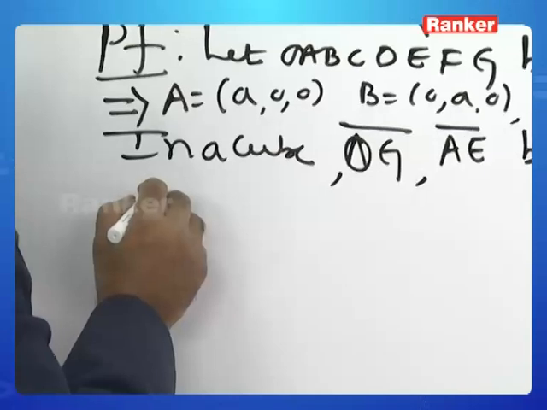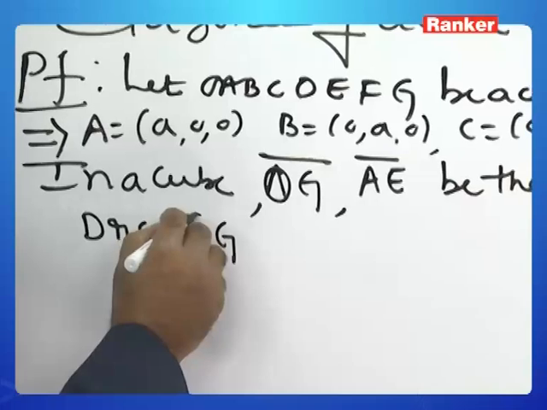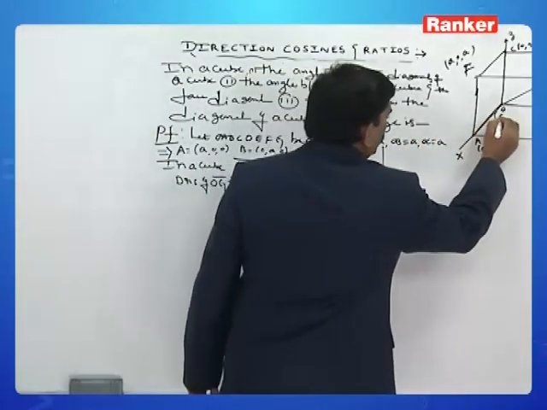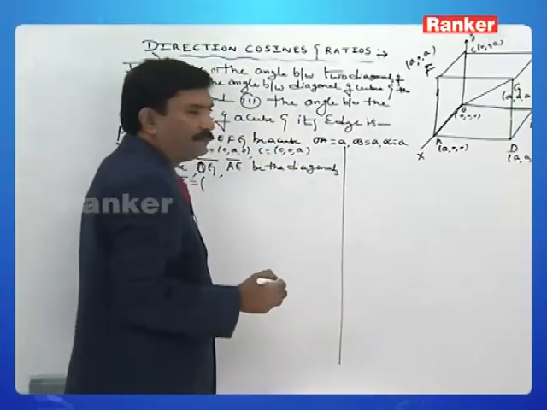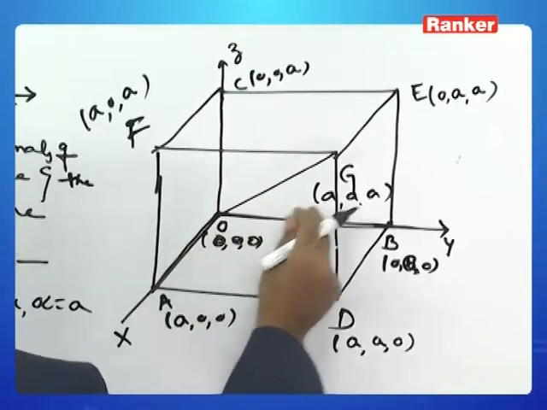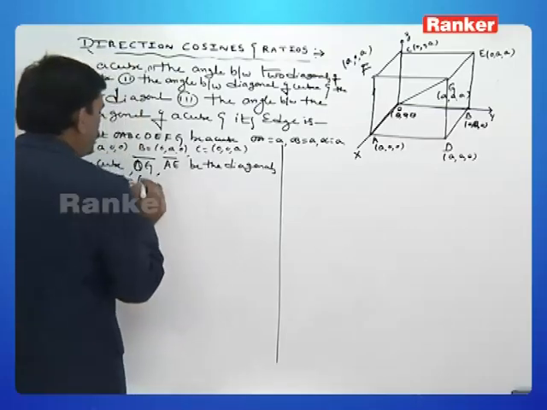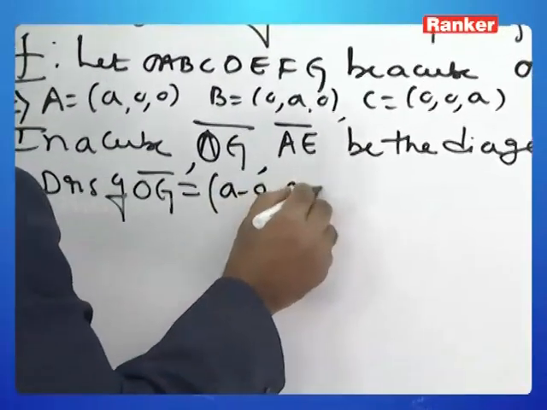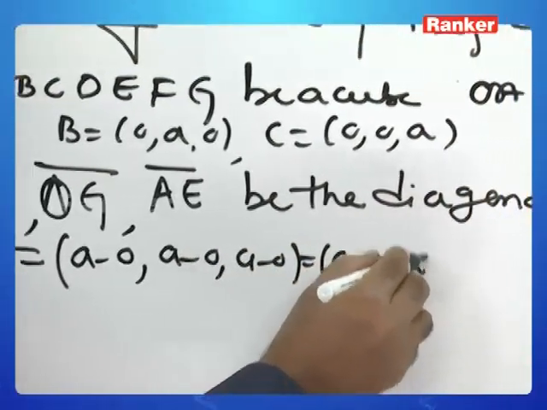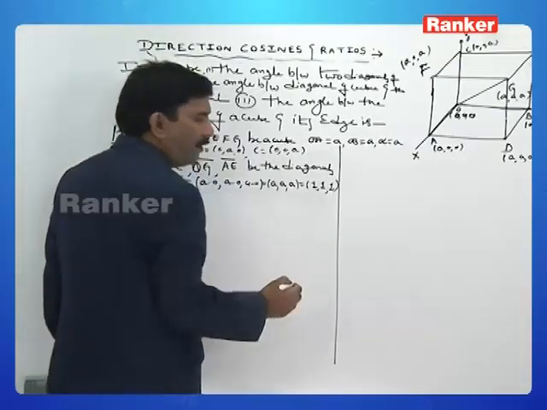Therefore, DRs of OG bar: O is (0, 0, 0), that is (x1, y1, z1), and G is (x2, y2, z2). So x2 minus x1, y2 minus y1, z2 minus z1 gives a minus 0, a minus 0, a minus 0, that is a, a, a, which is nothing but 1, 1, 1.